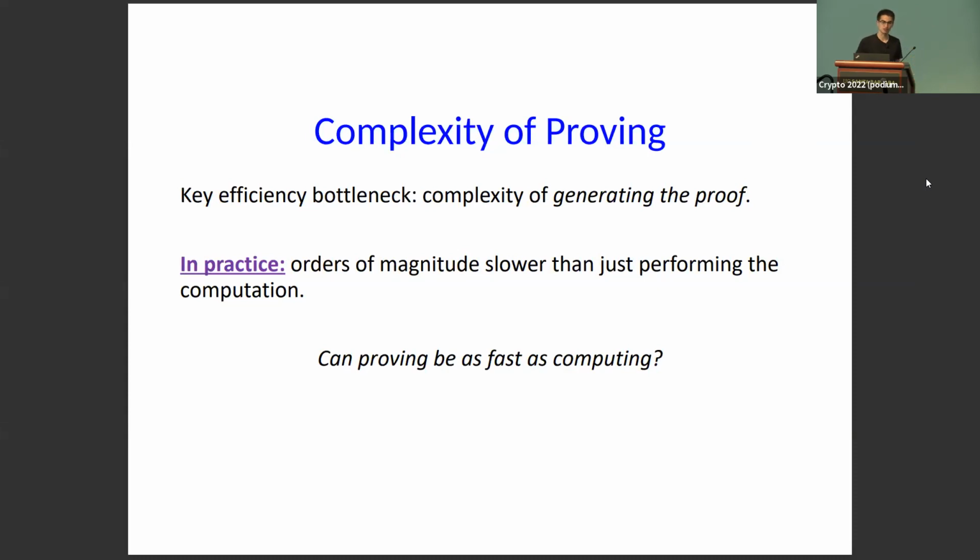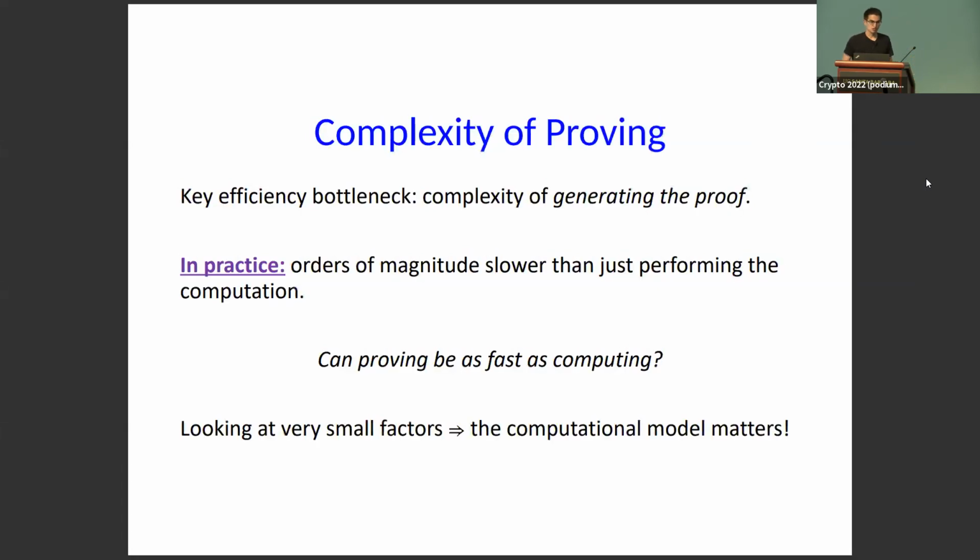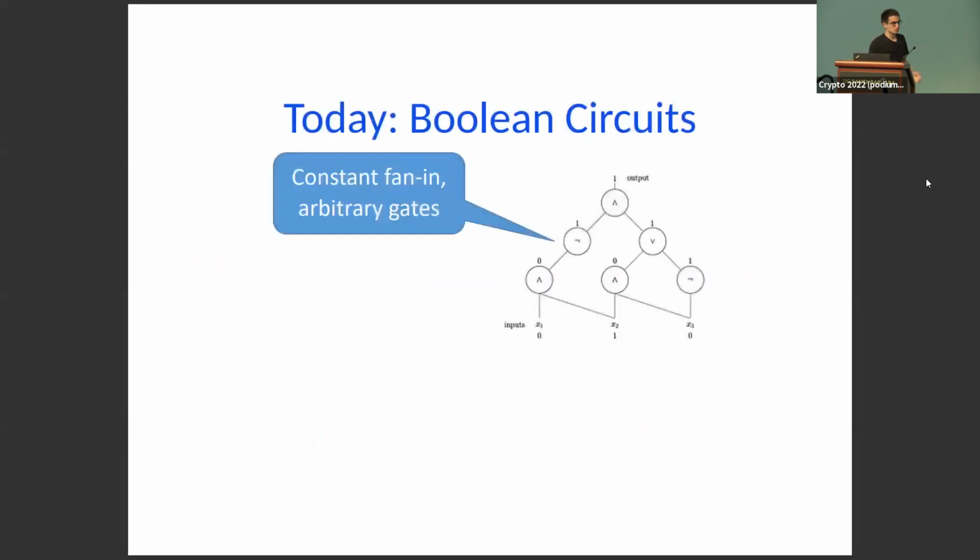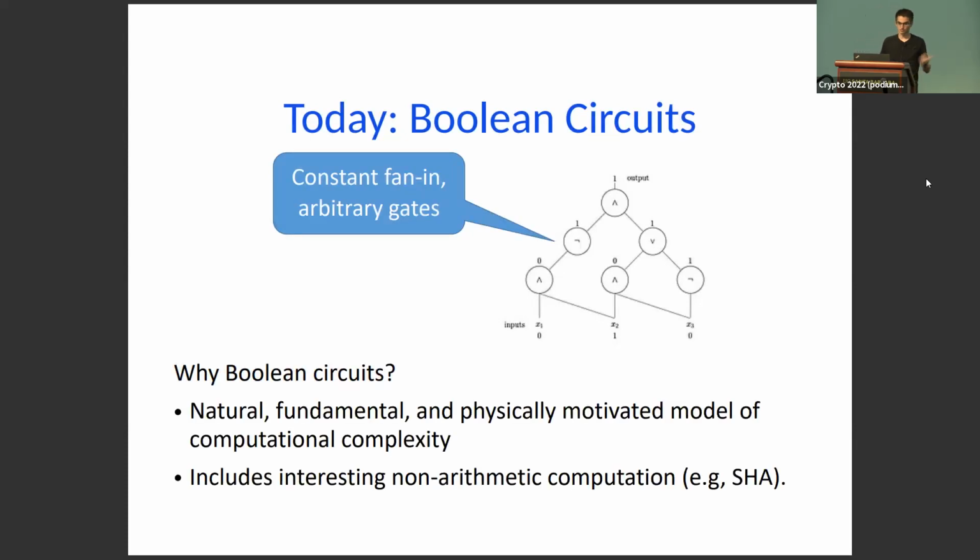Can proving be as fast as computing? And so we're going to look at pretty small factors here. I want to be pretty precise about what computational model we're using to measure complexity. We're using Boolean circuits, which I think are the best, most natural computational model. They very closely match the physical cost of implementing something in hardware.